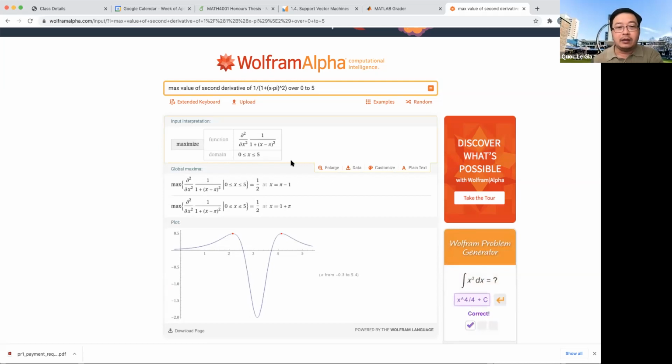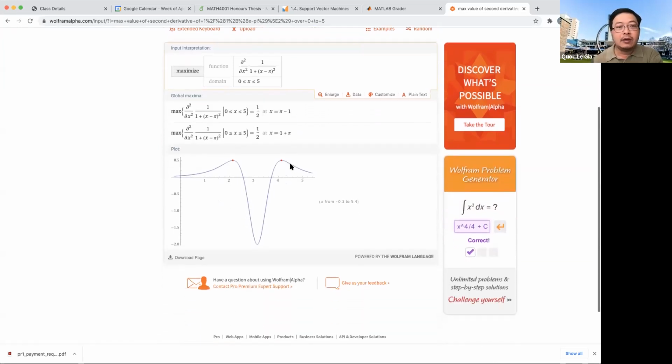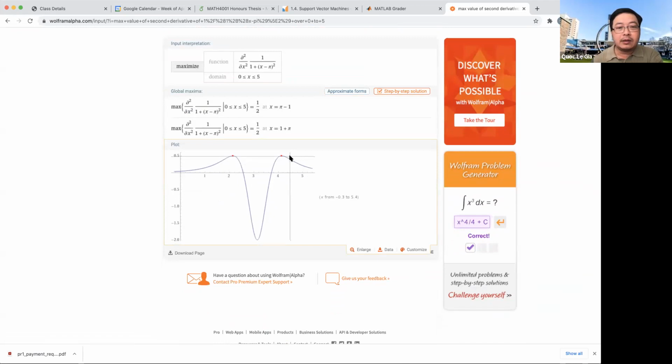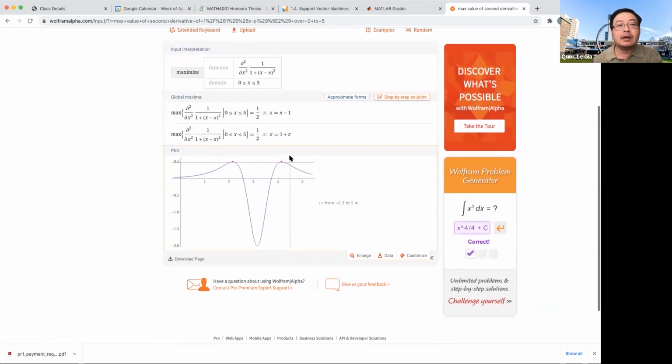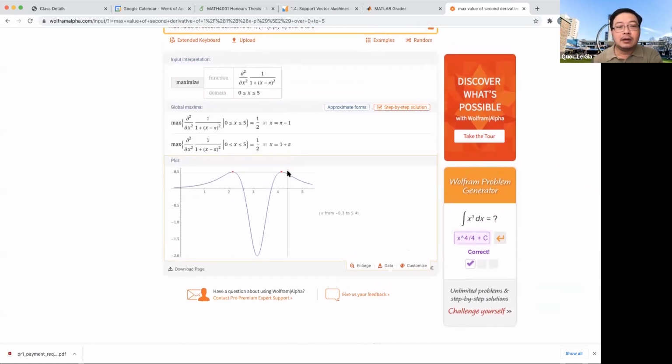Okay, and so it seems that the max is 0.5. Okay. No, but actually what we want is the absolute value.